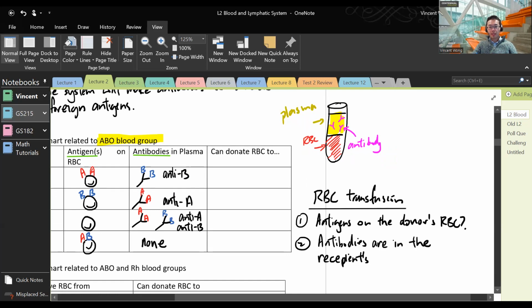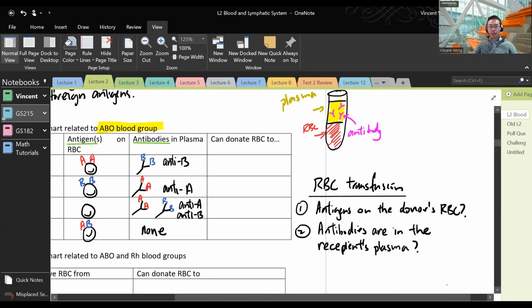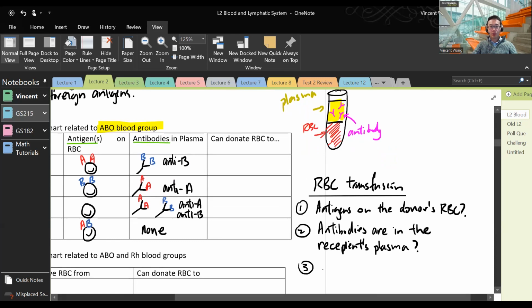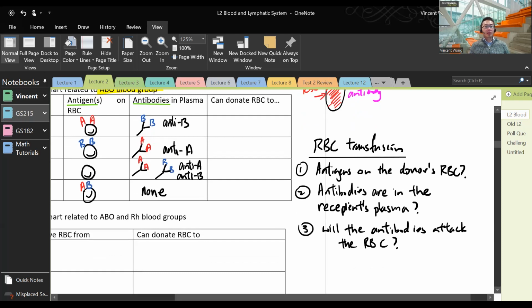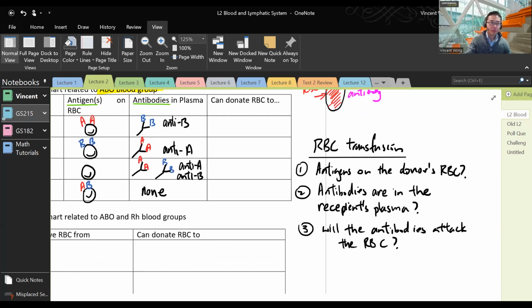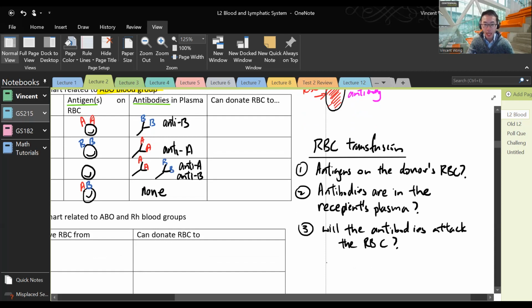The recipient's plasma. And number 3 is, will the antibody attack the RBC? Okay. Those are the 3 questions you must ask yourself when you try to figure out whether it's safe or not.